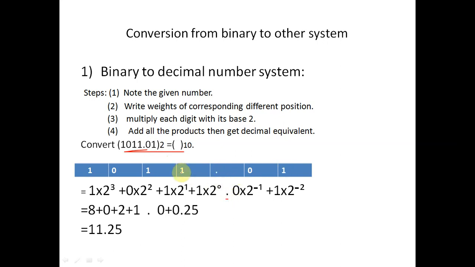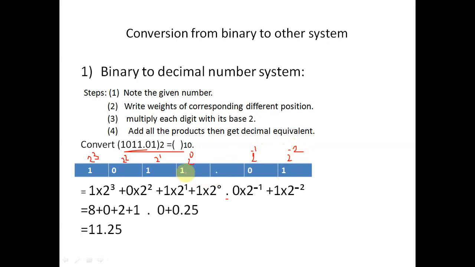Now the corresponding weights: this has weight 2 raised to 0, this has 2 raised to 1, this has 2 raised to 2, and this has 2 raised to 3. After the point is the minus part, so write 2 raised to minus 1 and 2 raised to minus 2.